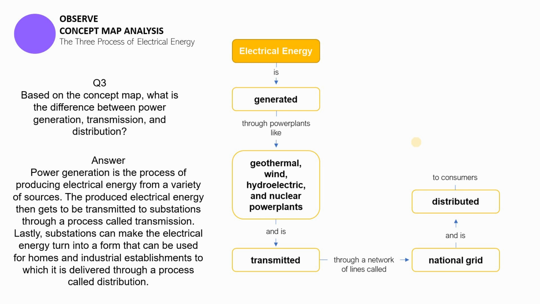The produced electrical energy then gets transmitted to the substations through a process called transmission. Lastly, substations can turn the electrical energy into a form that can be used for homes and industrial establishments, to which it is delivered through a process called distribution.